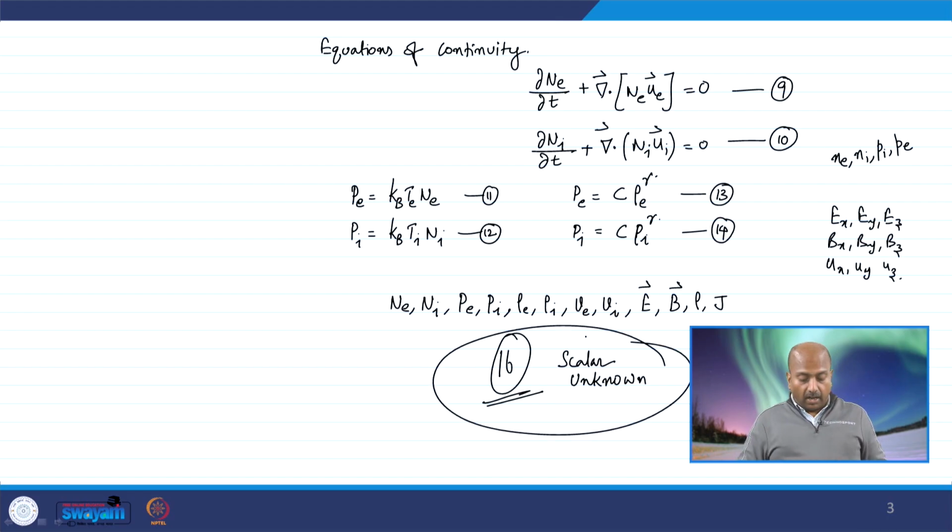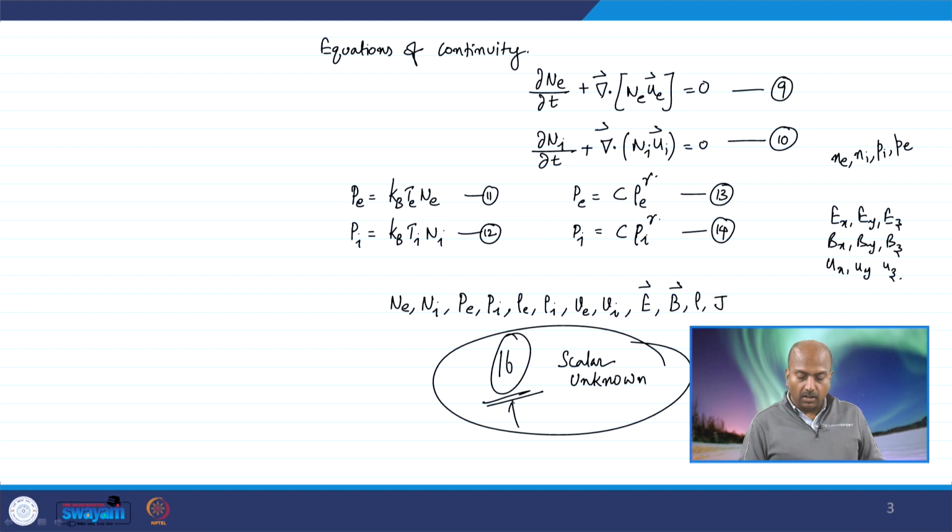Because you are writing the set of equations which are required to understand plasma's properties or evolution of plasma's physical variables, you need all these equations. These equations cover all different aspects of plasma. They cover the thermodynamical properties of plasma, they cover the electrodynamical properties of plasma, everything. But how many equations are there? The minimum number of variables that you require to understand plasma completely are 16.